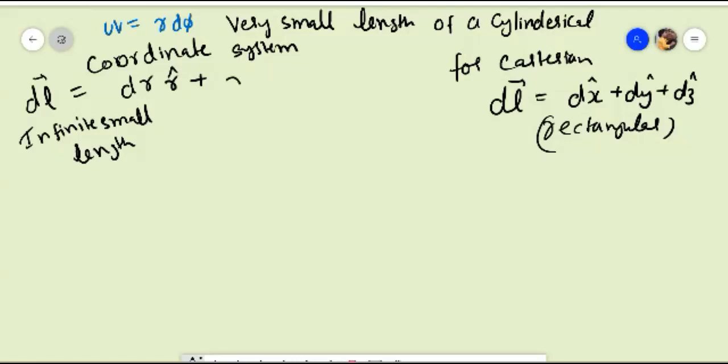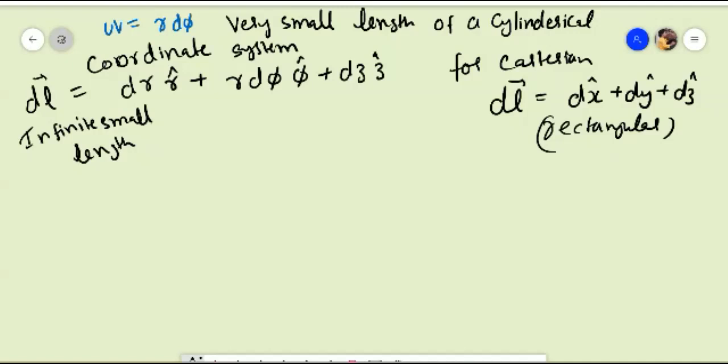The uv distance is along the tangent, so it is given by r into d phi, and the unit vector applied here is phi cap, where phi cap is the tangential direction. Plus, we have dz multiplied by z cap, and z cap here is our z axis or the vertical direction.